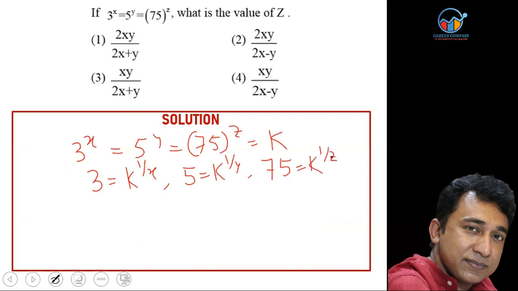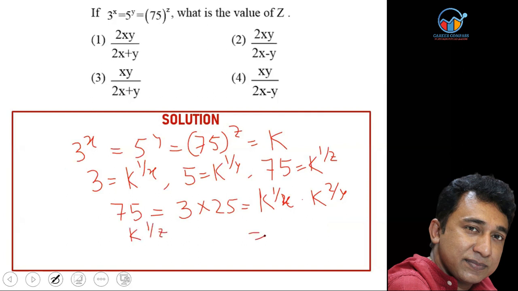So then you see, we can write 75 as 3 into 25, which is k to the power 1 by x into 25 is 5 square. So I can write this as k to the power 2 by y, which is 1 by y whole square. And 75 will be k to the power 1 by z.